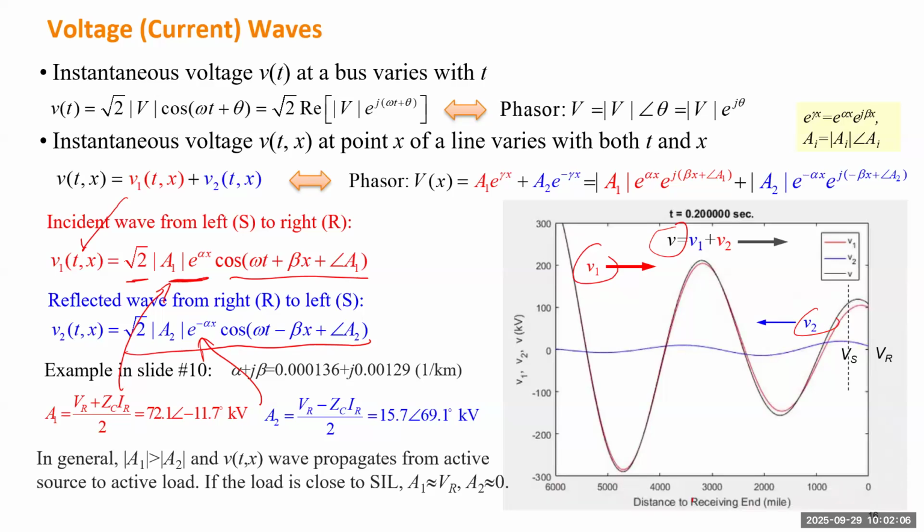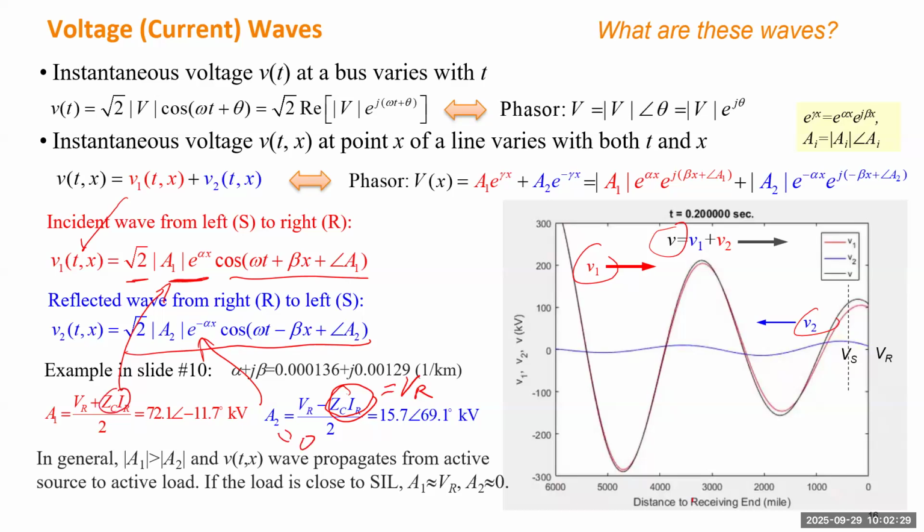In general, A1 has bigger magnitude than A2, because if we consider a surge impedance load, the blue one will be close to 0. If the load is a surge impedance load, this one will become exactly VR, so A2 will become 0.